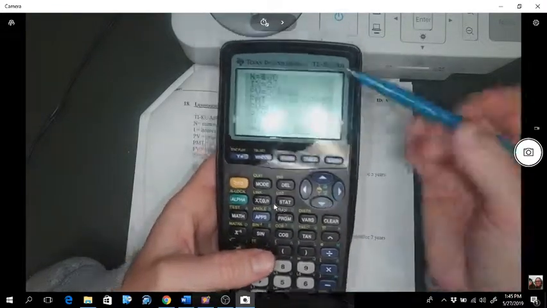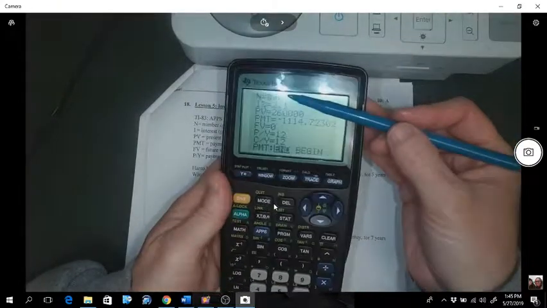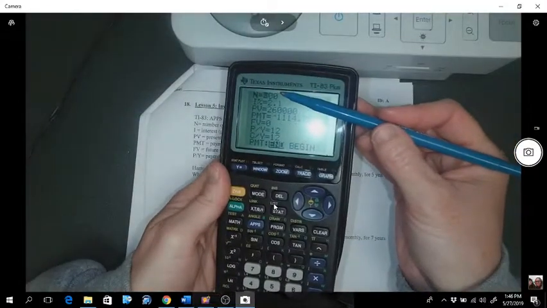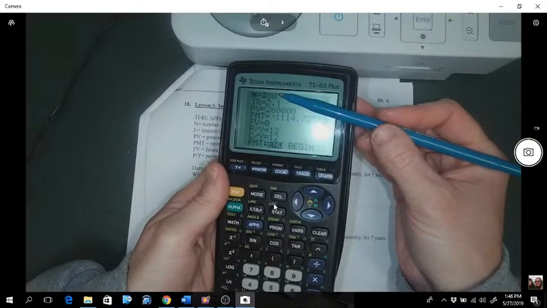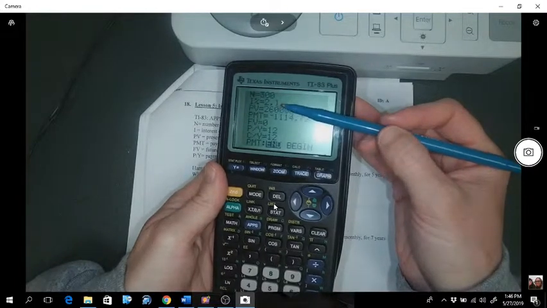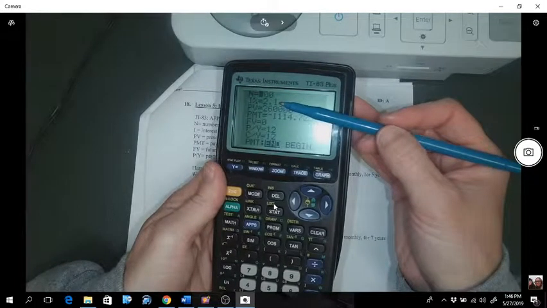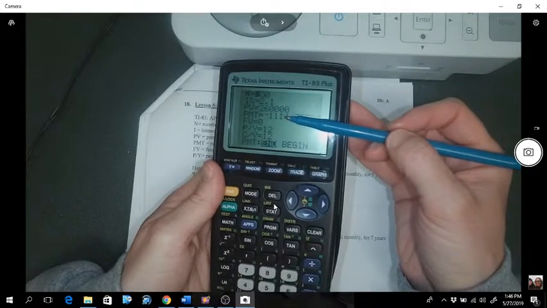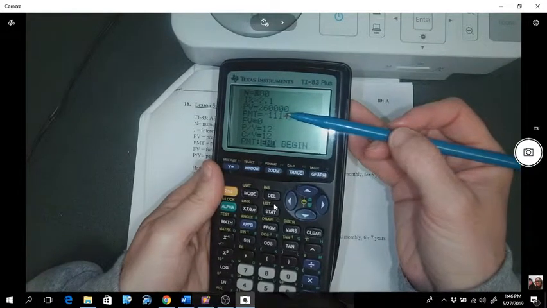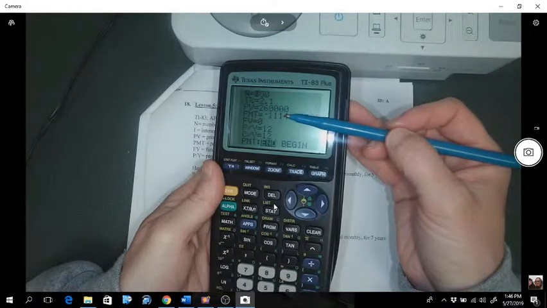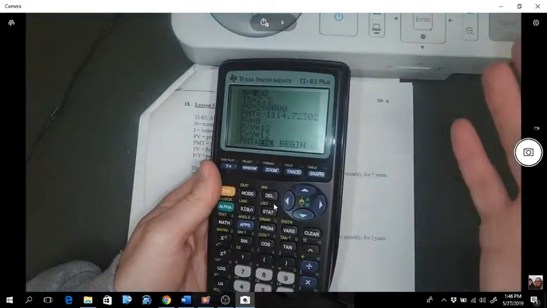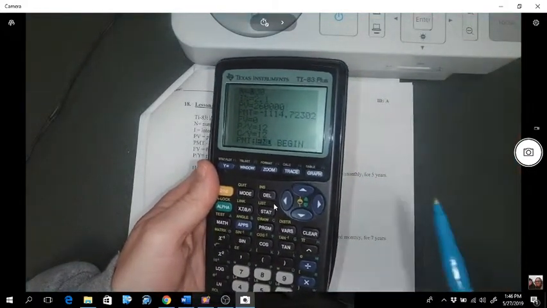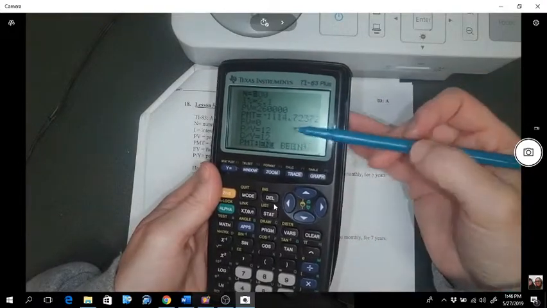You'll see all this, and N is the number of compounds. So if you had monthly times 2, it'd be 24. Interest is just your rate without the decimal. Present value or principal. Payments, and we always negate those because it's something that's coming out of your pocket, not something positive that you have.